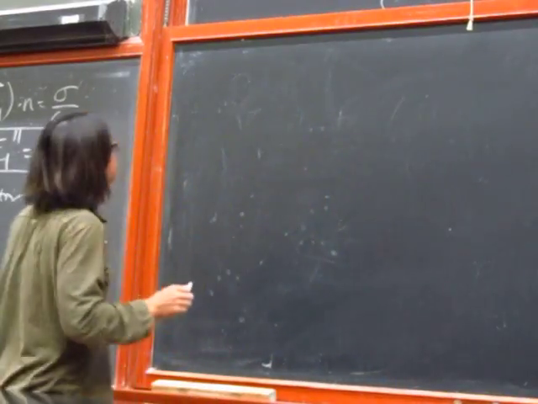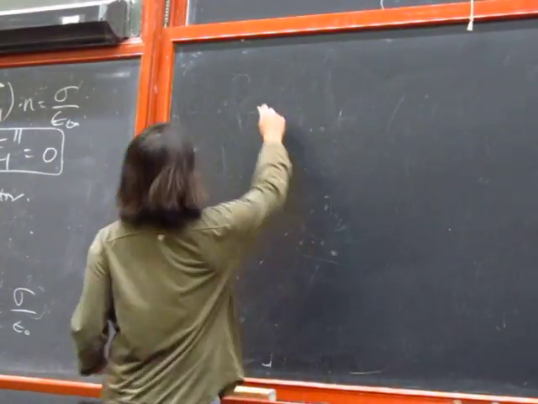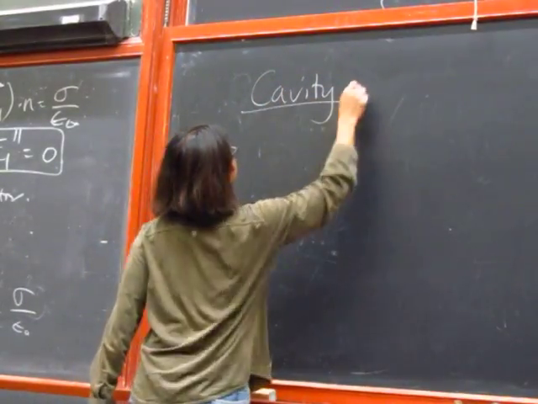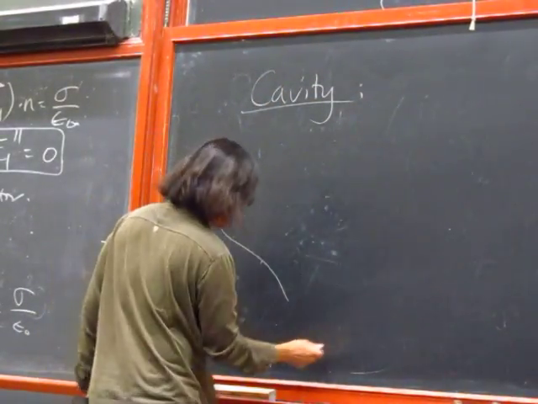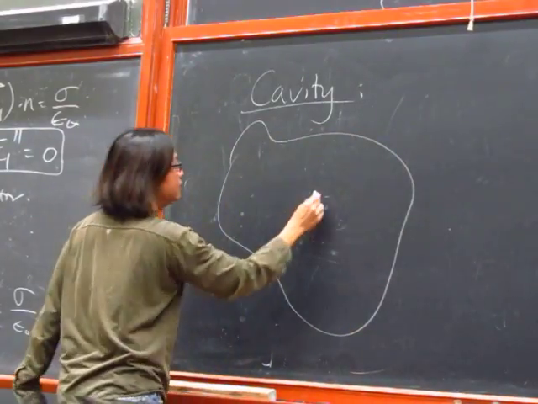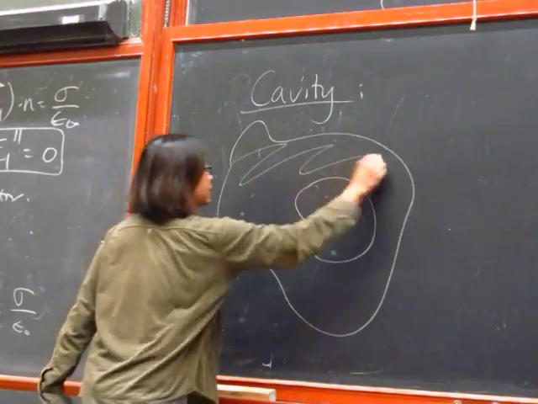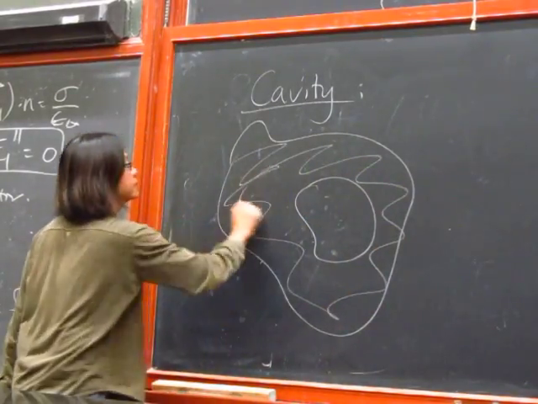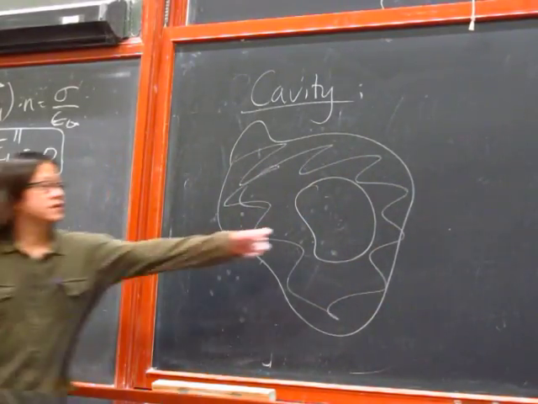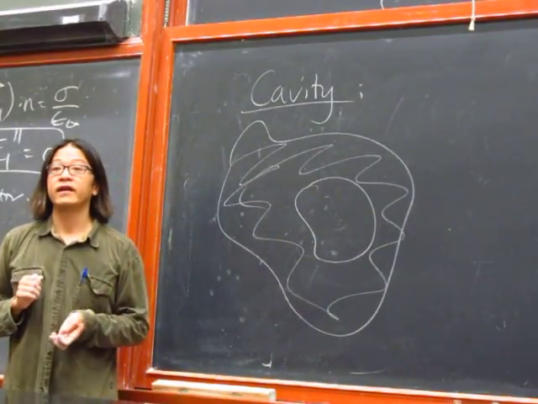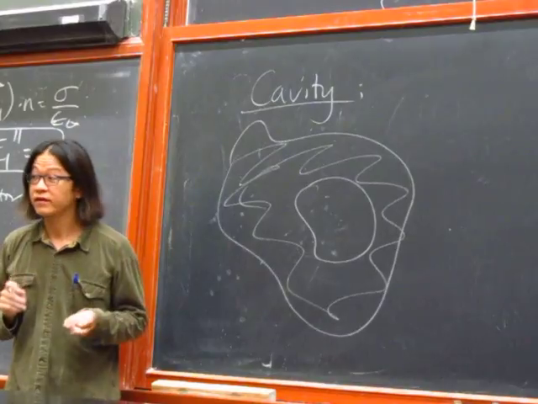Before I do an example, let's look into this manipulation. Let's look into a cavity. Suppose I have a conductor with a hole in the middle. So this is the conductor. What's the electric field inside? That's the question.